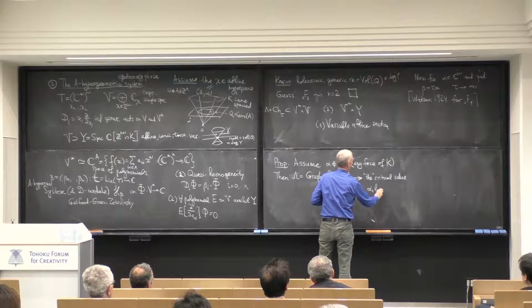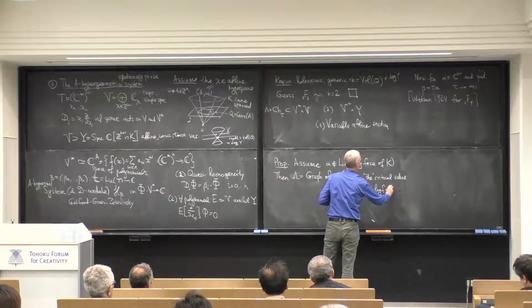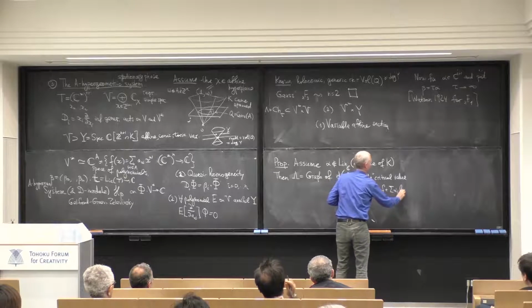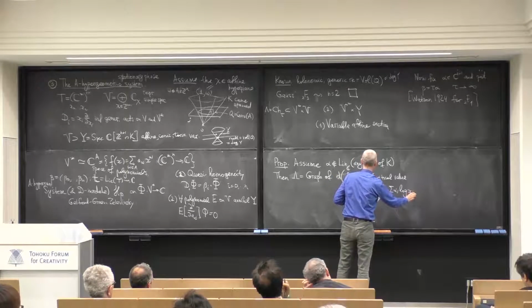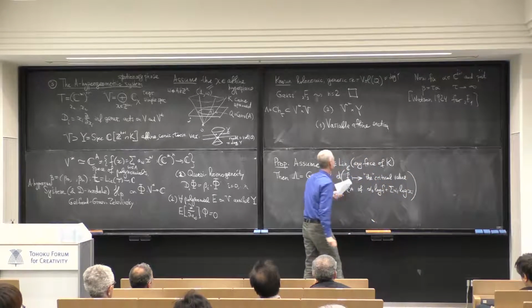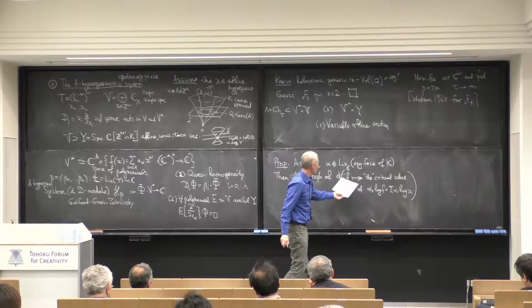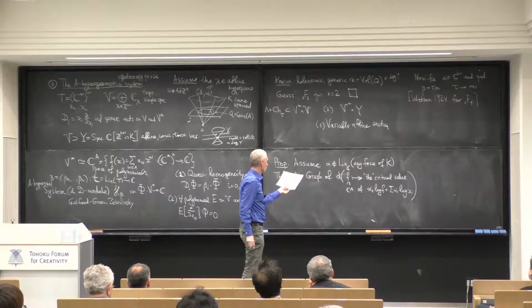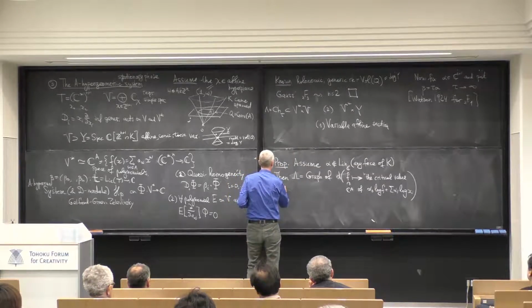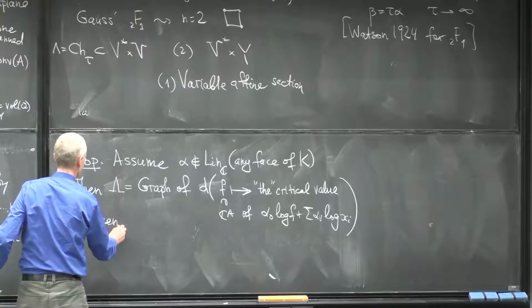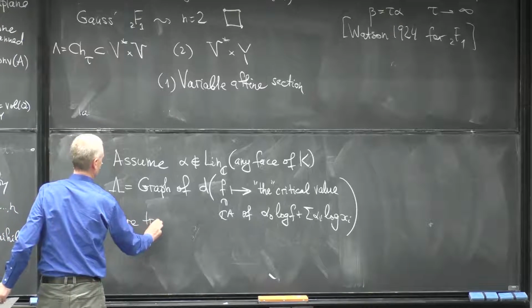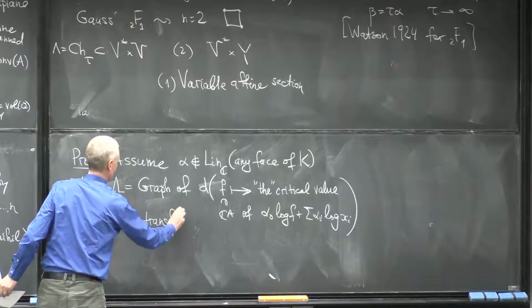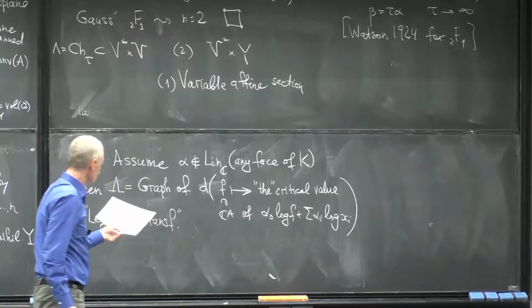Alpha 0 log f plus some alpha I log xi. So it has many critical points and many critical values, but this is the graph of the multi-valued function.